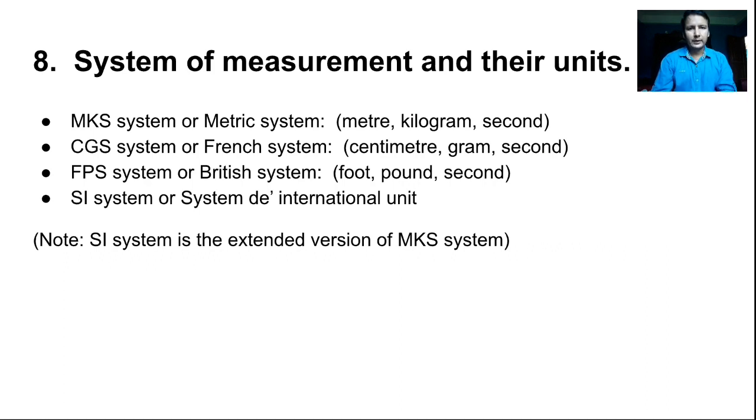Now the fourth one, SI system. It is an international system of measurement in which length is measured in meter, mass is measured in kilogram, and time is measured in second. It is the modified and extended form of MKS system, which was adopted by the International Conference of Scientists regarding weights and measurement in 1960 AD in Paris, France.